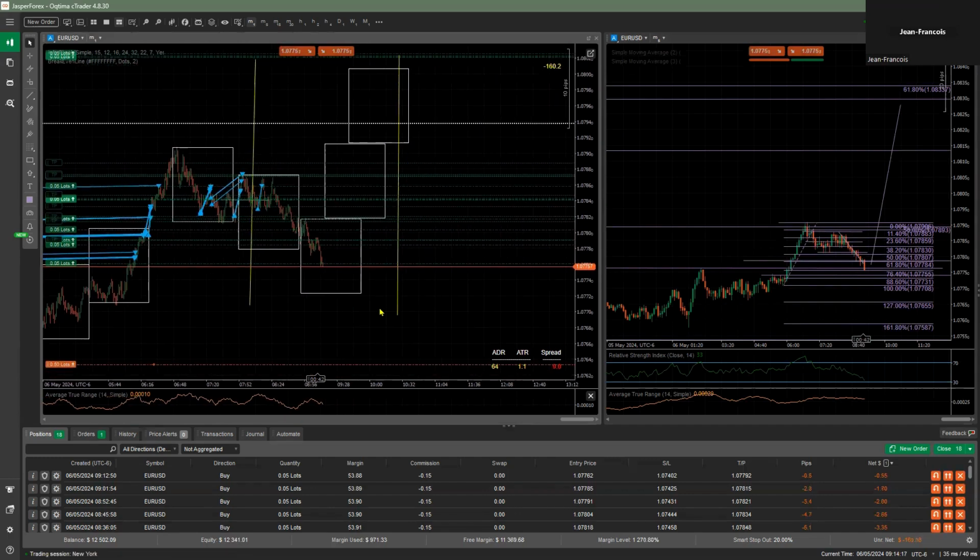All right, so in theory, what we have is a float, and you get to choose how much of a float you're willing to carry. How much money in open trades are you willing to carry?